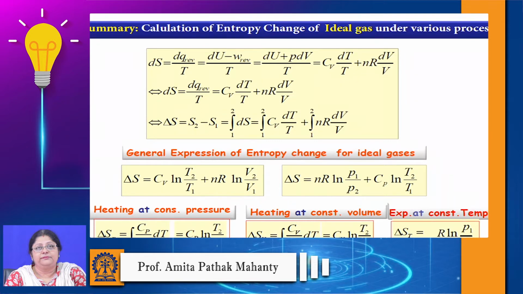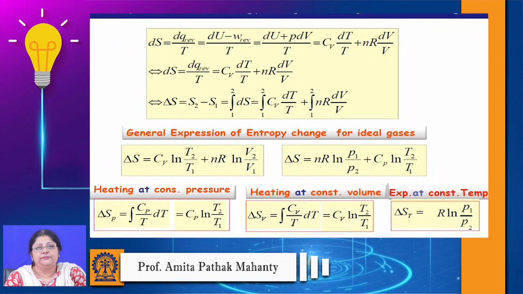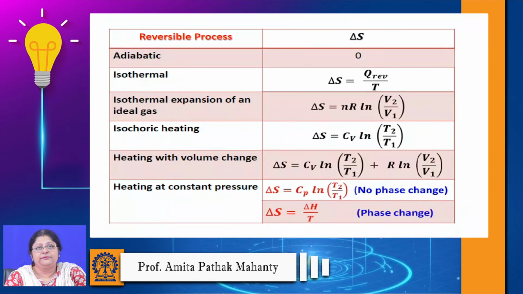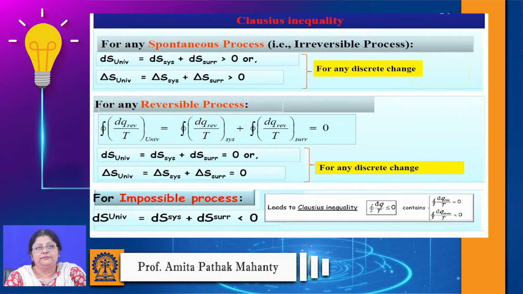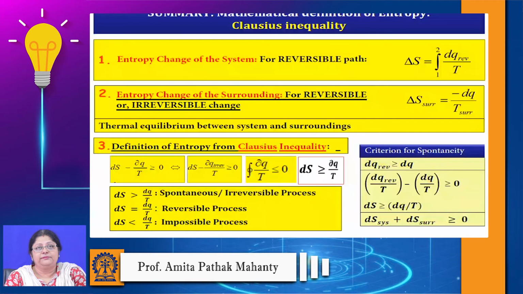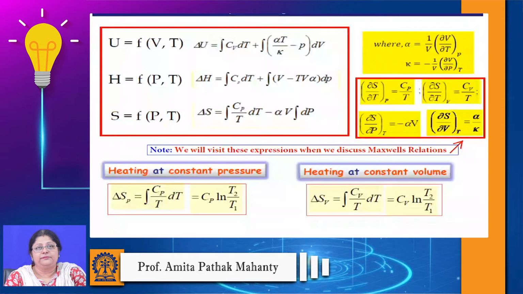So you see, this is a summary of all the expressions we have done, and a summary of the inequalities, the Clausius inequality. And this red box, which I have put here for you, is something which I would like you to do after we do the Maxwell relations.